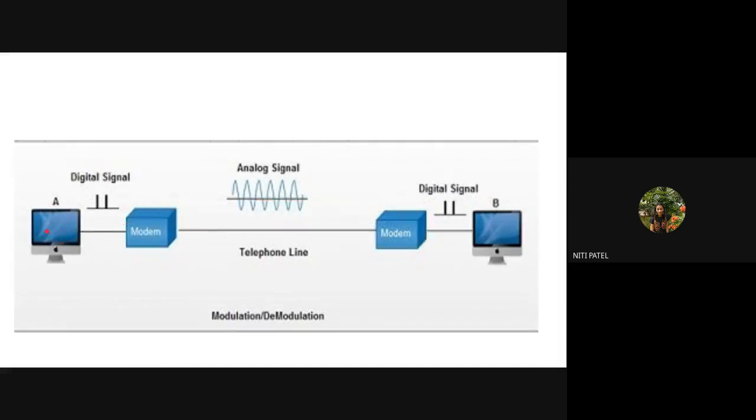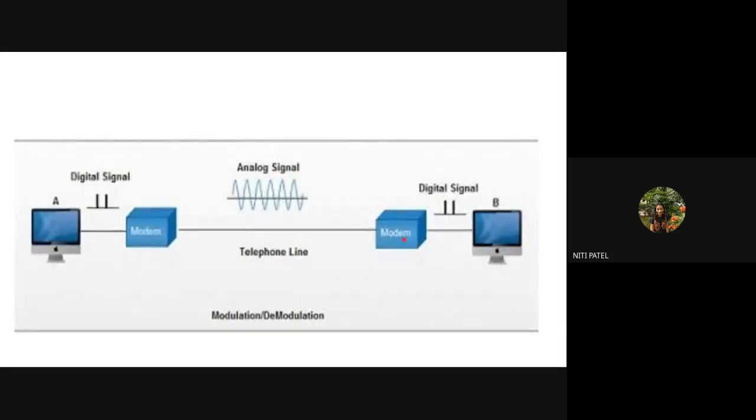So computer A sends a digital signal to this modem. The modem will convert this digital signal into analog and transmit the analog data over the telephone line to the modem at the computer B side. Again, this modem will receive the analog data.